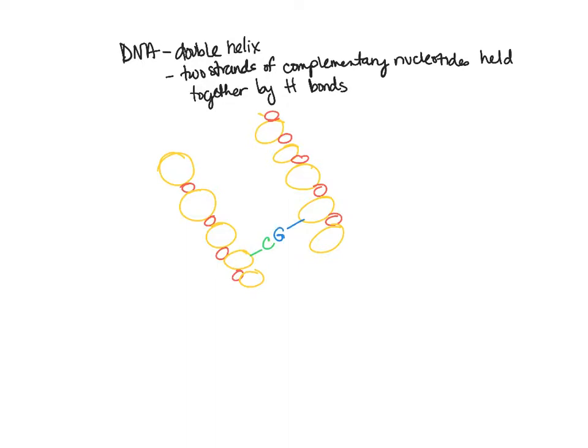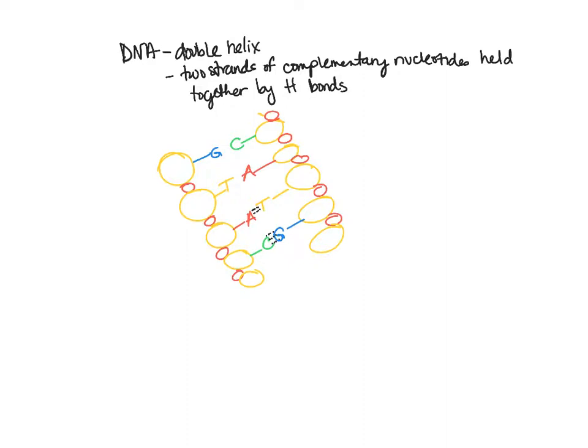Our cytosine and guanine were held together by 3 hydrogen bonds, and then our adenine and thymine are held together by 2 hydrogen bonds here. Of course, I'm just shorthanding with the letters as well. And remember that A always matches up with T, and C always matches up with G.